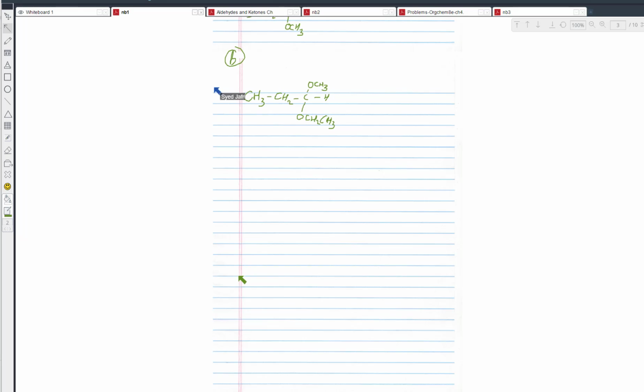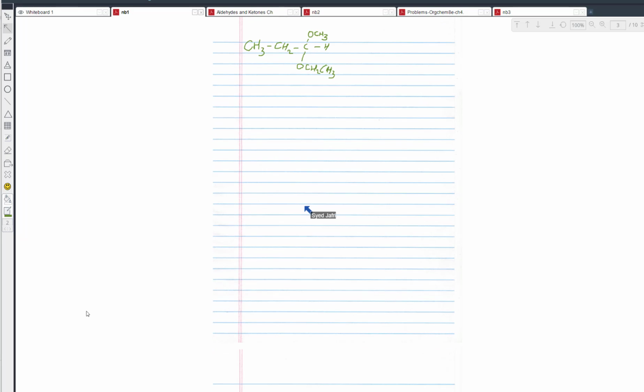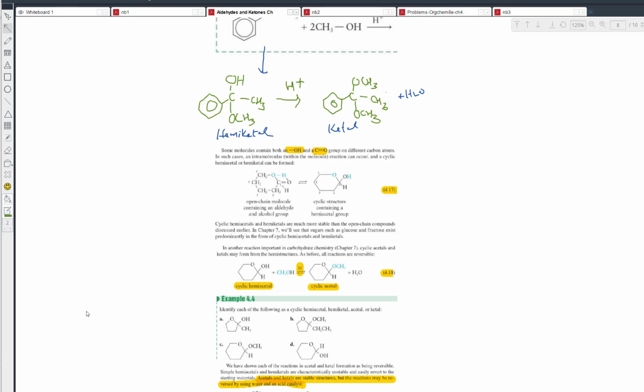Now I will give you something here. Let me see for this. I am not writing in this way, okay? You have to arrange this one in this way. Actually, this is like this. I will show you. Because you are arranging in this shape to get the cyclic structure.